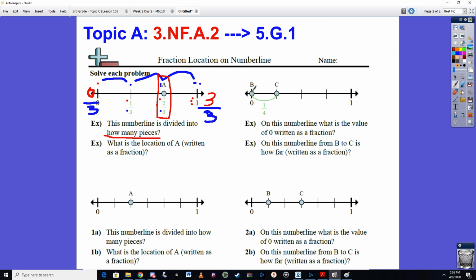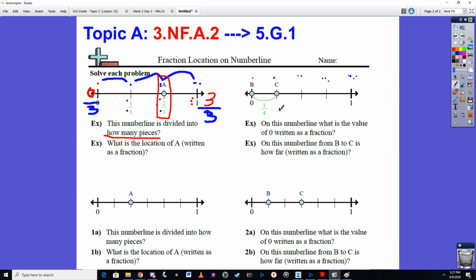Next, we have a number line. It goes from 0 to 1. How did they get this 4? Okay, well, this is where we start. First jump, second jump, third jump, fourth jump. That's how they got the 4.